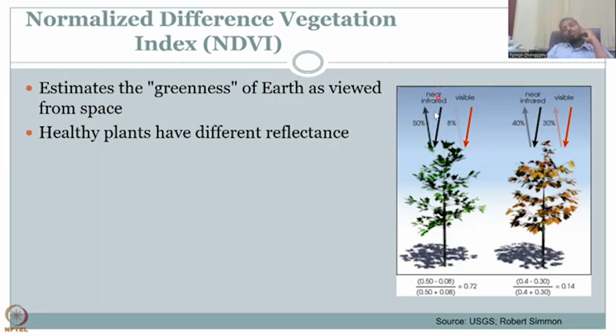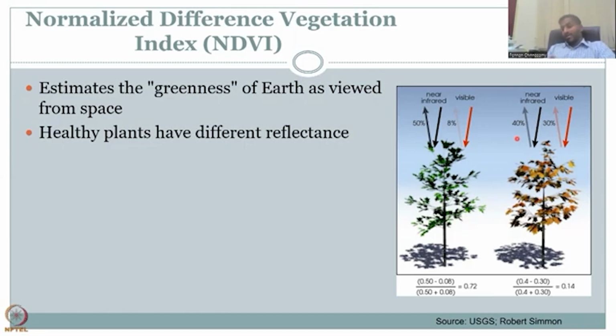When that wavelength comes, almost 50% is absorbed by the plant and 50% is reflected in a healthy plant. In a not so healthy plant, or a plant with brown leaves, a plant which is entering fall season, autumn season, or which is dying, wilting because of no water, no fertilizer, 40% is reflected and 60% is absorbed by the plant.